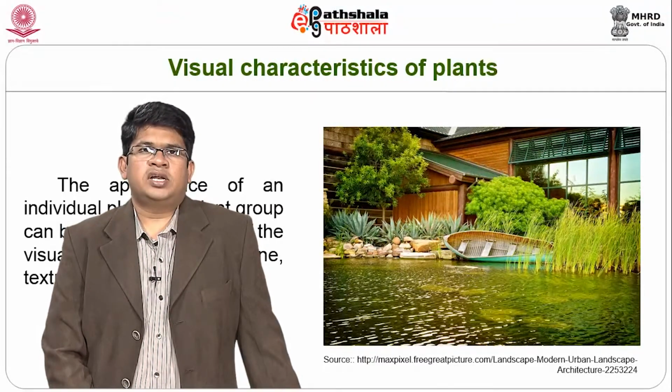In this module and in the next module we shall see the line that is generated by the plants as well as the form that is seen in the plants, and how they can be used in the design landscape. It is important for us to understand the form itself, and appreciating the variety of forms that we have will help us to design the landscape by mixing up the plants in a very proper and special way.